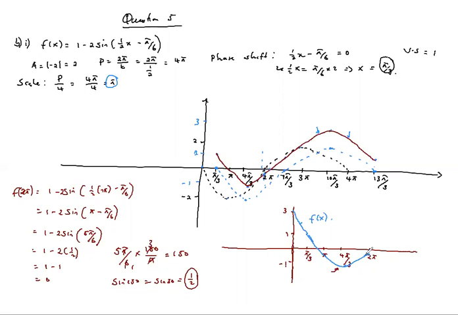Meaning that I'll always have to substitute my boundary points. Yes. So that's how you get the final graph.